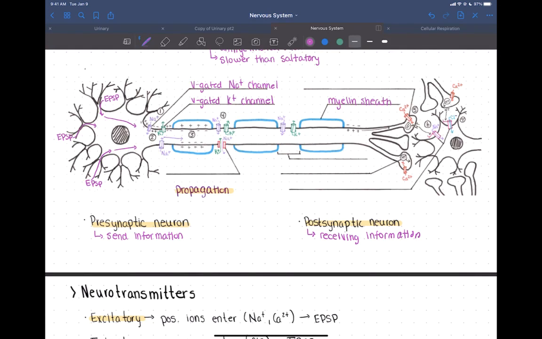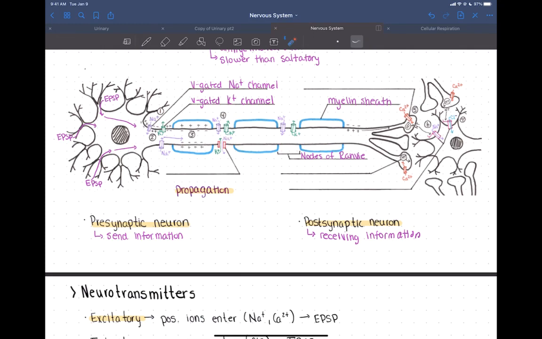There are spaces in between them, and those are called nodes of Ranvier. Remember, in our saltatory conduction, our action potential is going to jump from one node to the next. And so that's what we're talking about now.